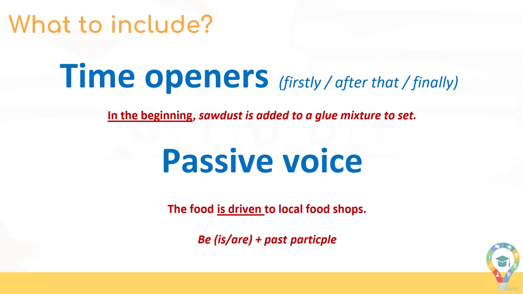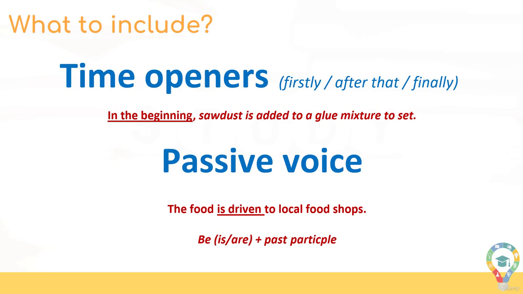Okay, back to passive voice. Here is an example sentence using the passive voice. The food is driven to local food shops. So we make the passive voice by using be, or is and are, plus the past participle, which in our example sentence is driven.